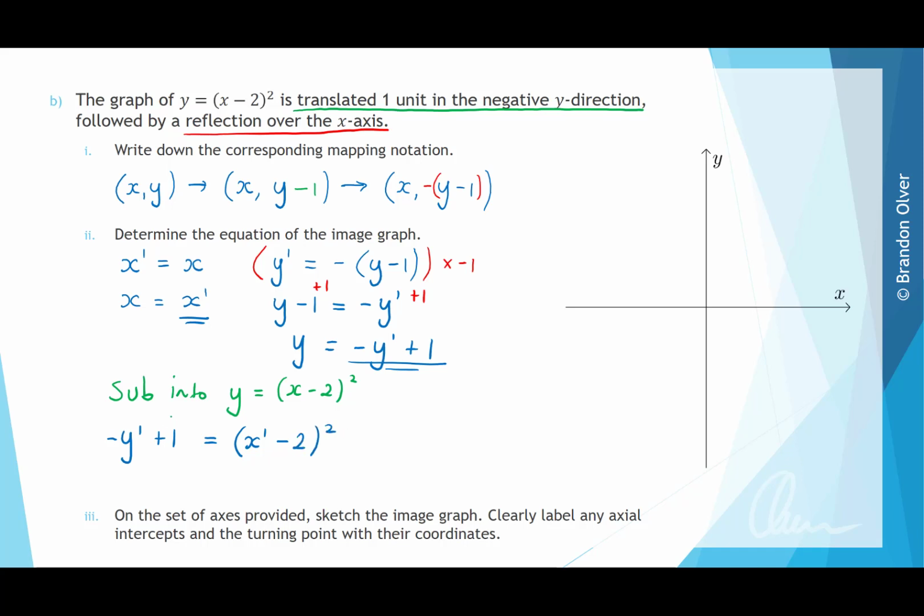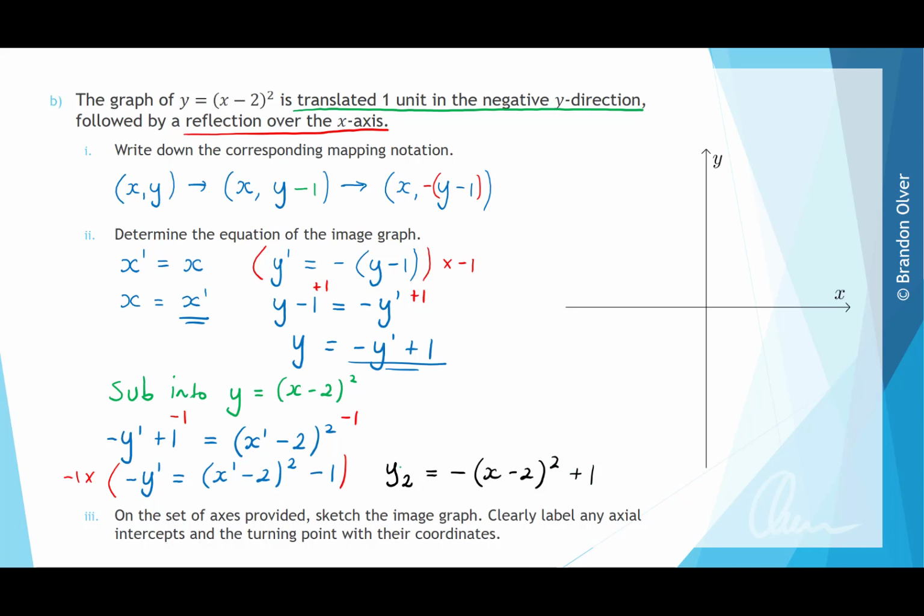Then to get y by itself, I'm going to start by subtracting 1 from both sides of the equation, and that will give -y' = (x' - 2)² - 1. Then y' is multiplied by -1, so to undo that we can also multiply by -1 on both sides of that equation, and that will then leave us with our image graph, which we're going to call y2 this time, equal to -(x - 2)² + 1.